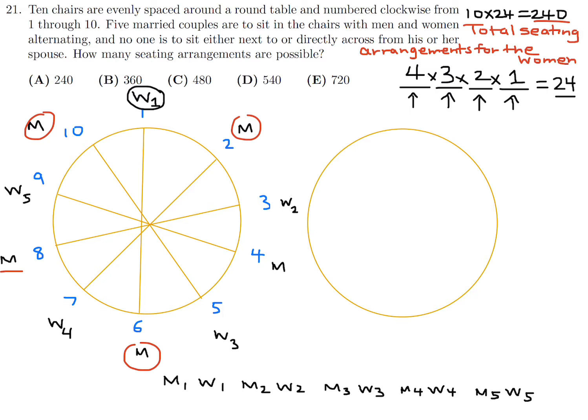So M1 can only be placed in either chair number 4 or chair number 8. Let's put him in chair number 4. Then if you do that for all the other husbands, you'll find there's only one way that this works if you put M1 here. And that is as follows.